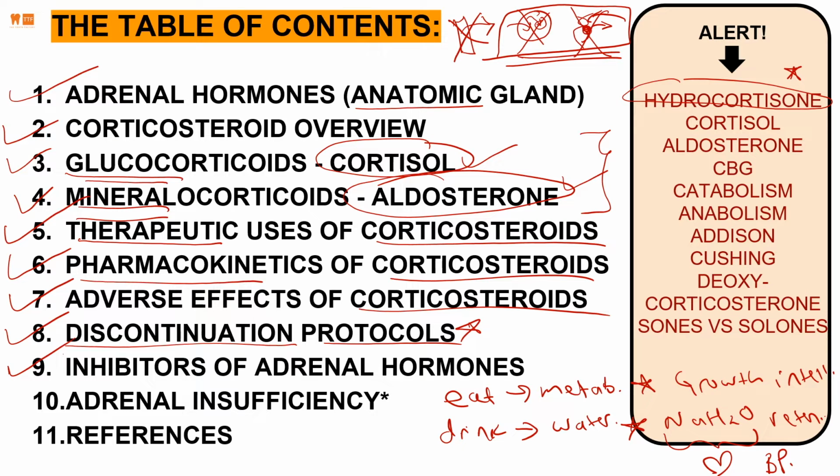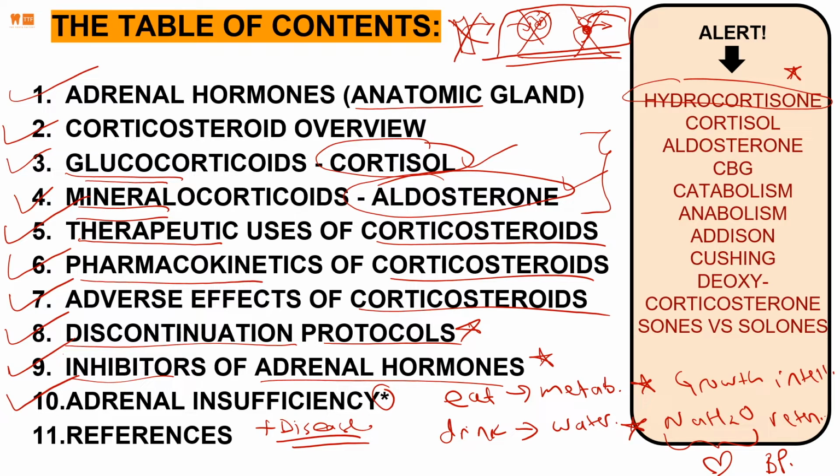And a little short note on inhibitors of adrenal hormones. In other words, when you're treating an overdose or a long-term corticosteroid influx, whether natural or synthetic, you want to use inhibitors. Lastly, adrenal insufficiency, and then of course some other diseases that are associated with glucocorticoids and mineralocorticoids, okay?